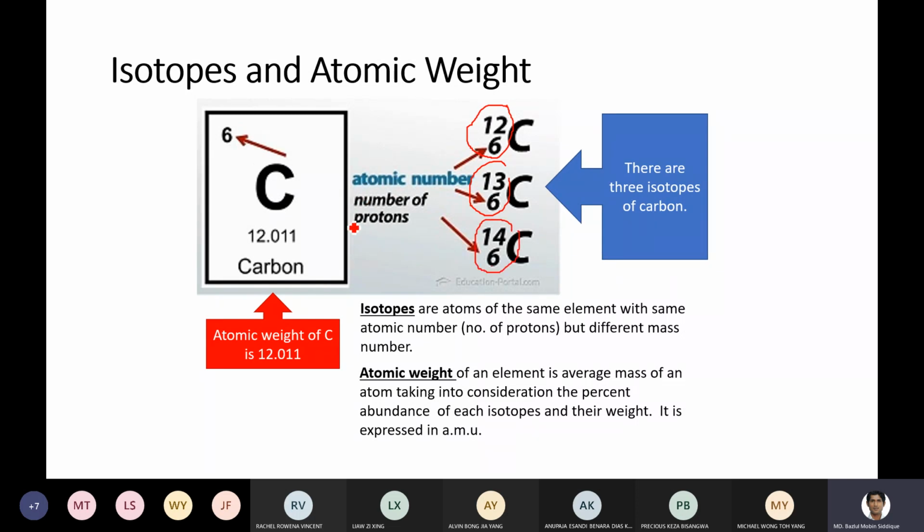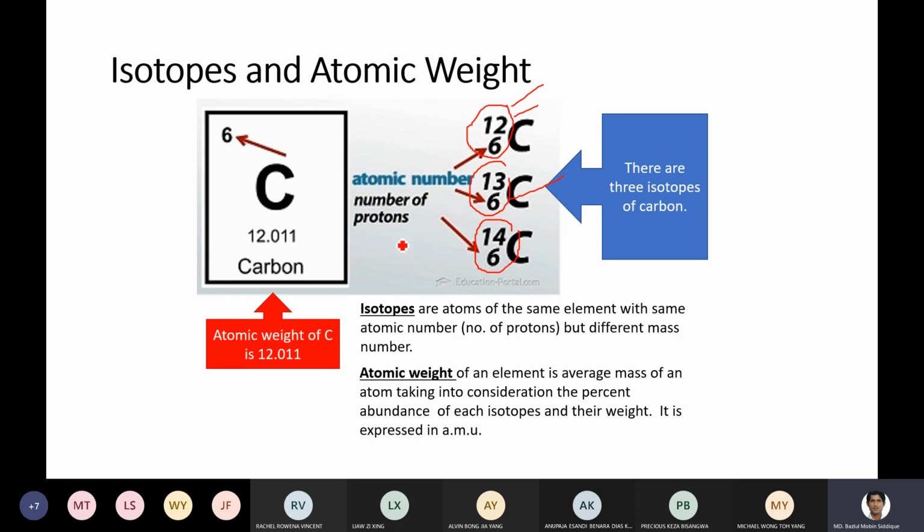That means this carbon has 6 protons and 6 neutrons, 6 plus 6, 12. This carbon atom has 6 protons. Of course, it should have 6 protons, it cannot change. But this one has 7 neutrons. Here it is 8 neutrons. That means the neutron number has been changed, and that is why they are isotopes.